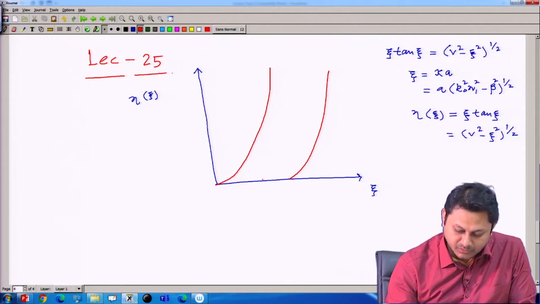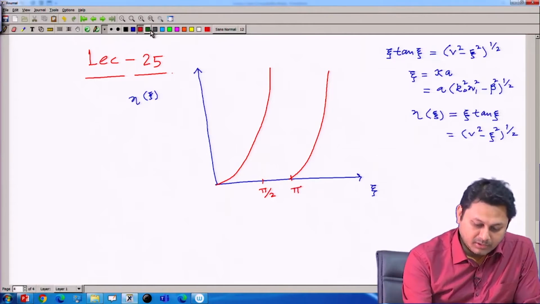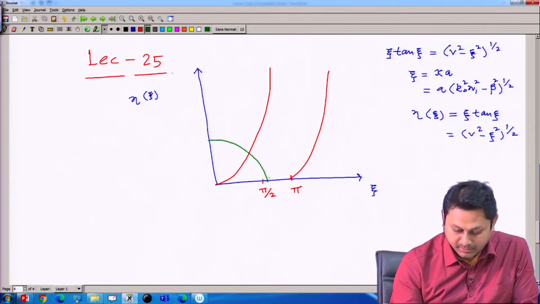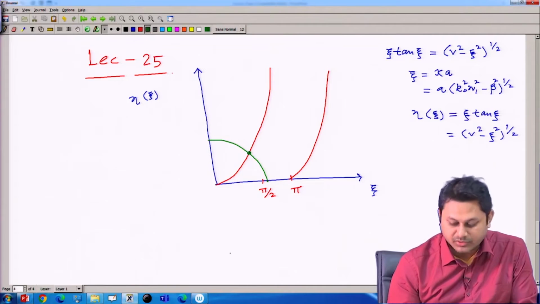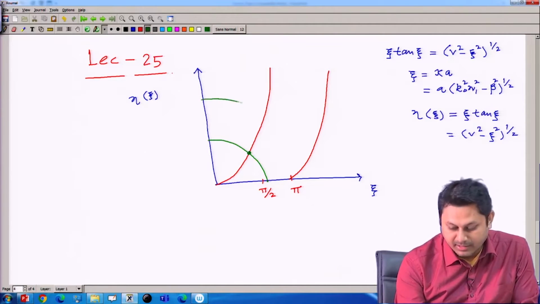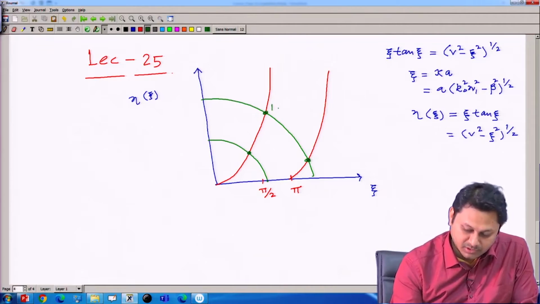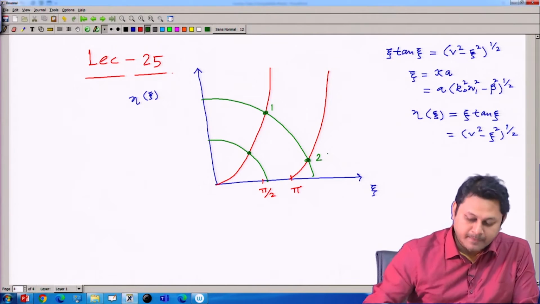Here this value is pi by 2, this value is say pi, and when I have the value of v, then at some point I have one solution, and if I increase that, there is a possibility that I can have two solutions. This is one solution, this is another solution.